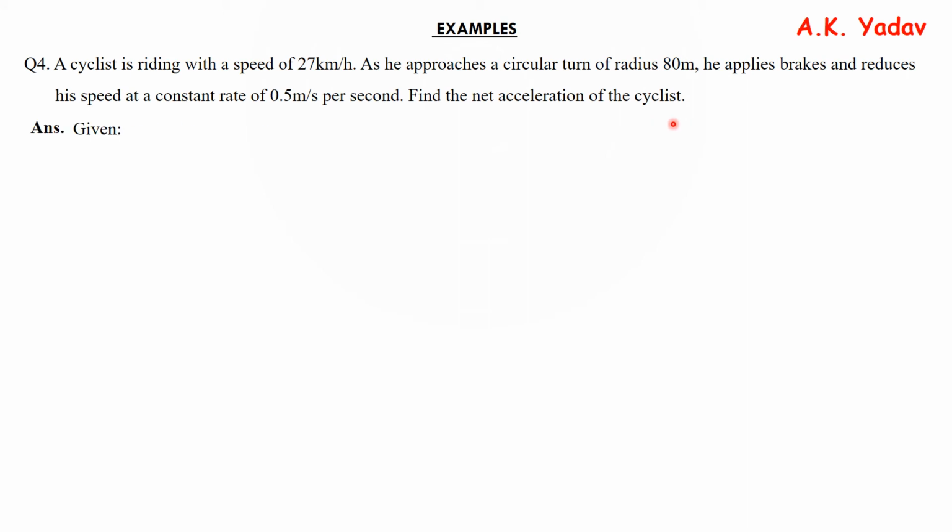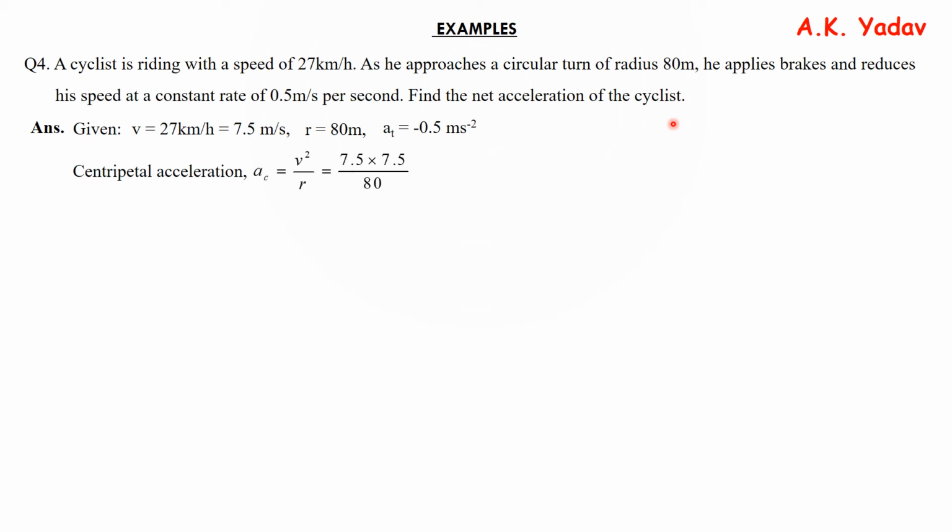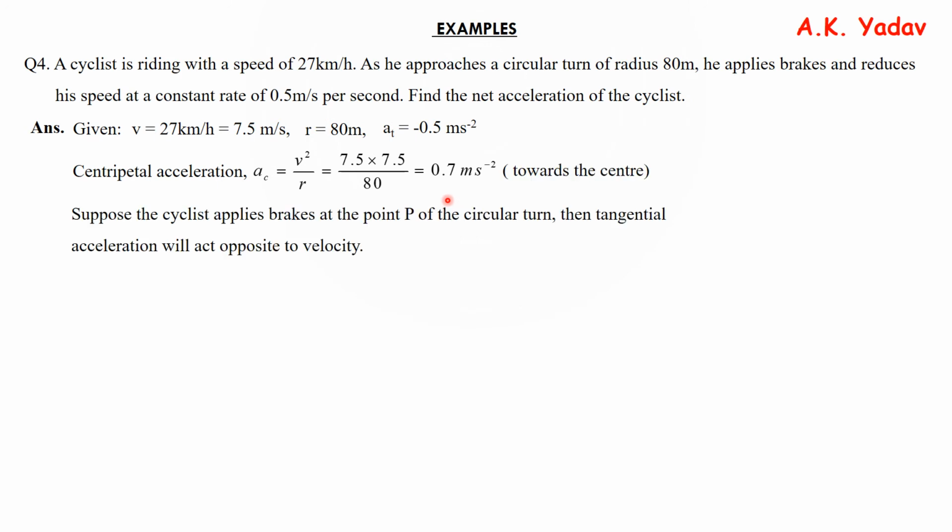So what is given to us? The velocity we convert into meter per second, then r is 80, acceleration is minus 0.5 because brakes were applied, so it's retardation. So centripetal acceleration A equal to v square by r. We put the values, what we get, 0.7 meter per second square, which is towards the center.